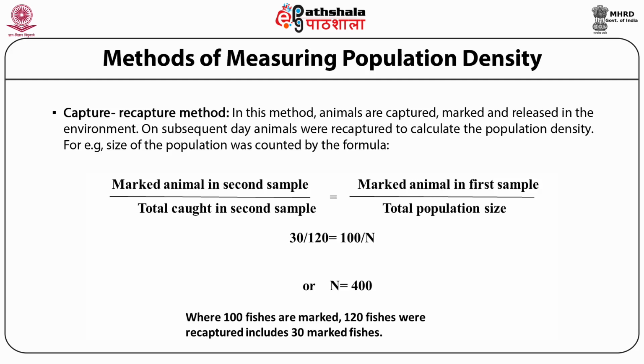On the basis of that, you can calculate the population size, and that is around 400, where 100 fishes are marked and 120 fishes were recaptured, including 30 marked fishes.